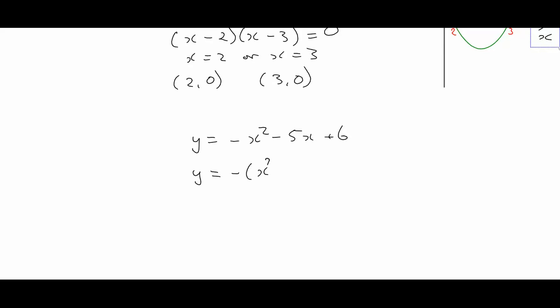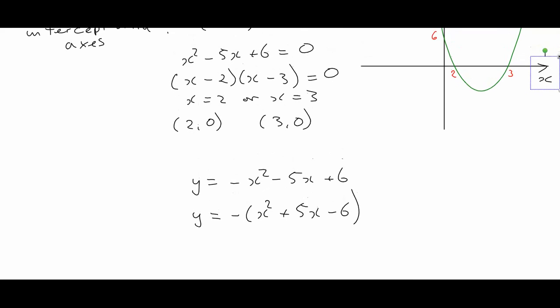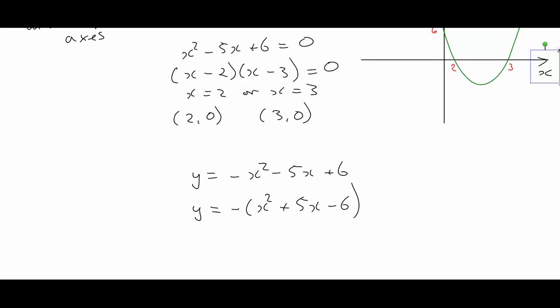So make that x squared plus 5x minus 6. Now that's a similar equation to the one we had before, but it has quite different factors. We see we have plus 5x minus 6 instead of minus 5x plus 6.